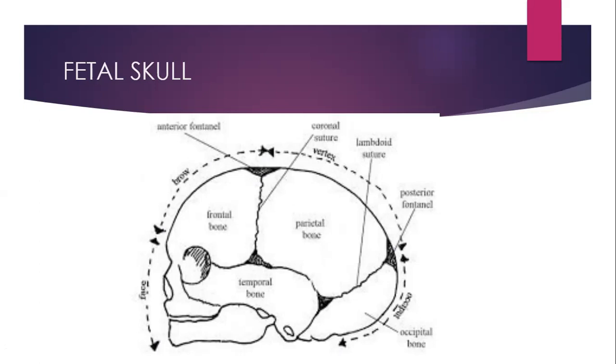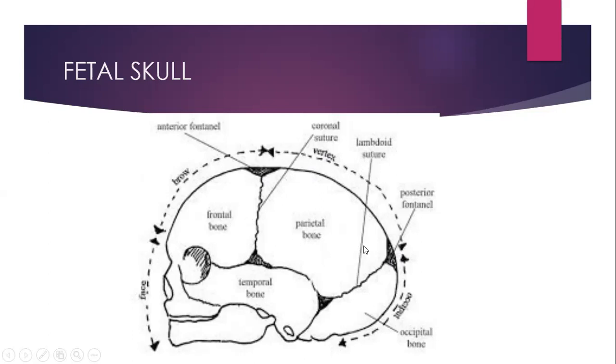So anteriorly, the vertex is bounded by bregma and the coronal sutures. Posteriorly by which suture? Lambda. Posteriorly by lambda and the lambdoid suture. This is a 2D figure, so I am not able to show you the 3D dimensions here.